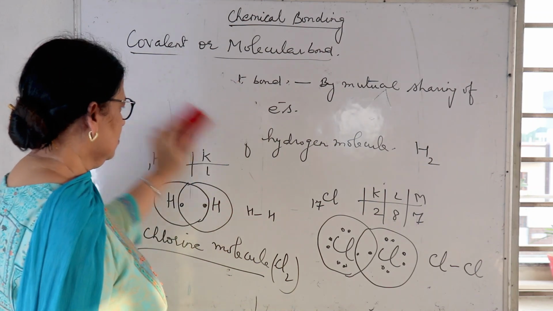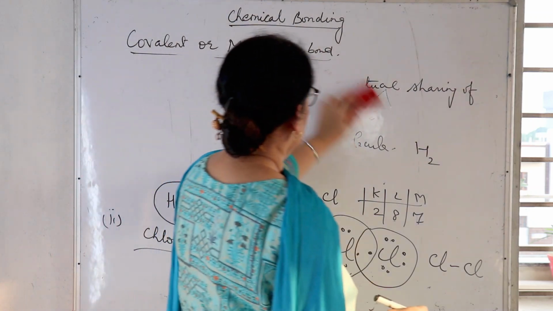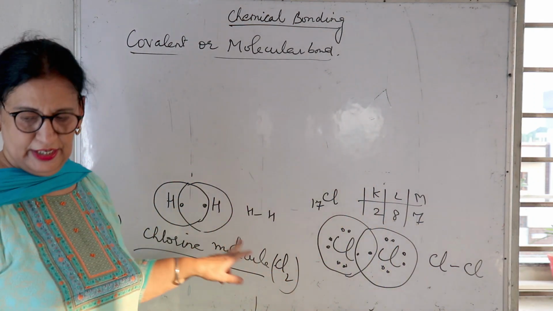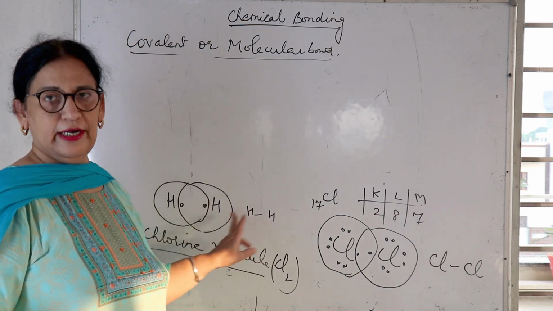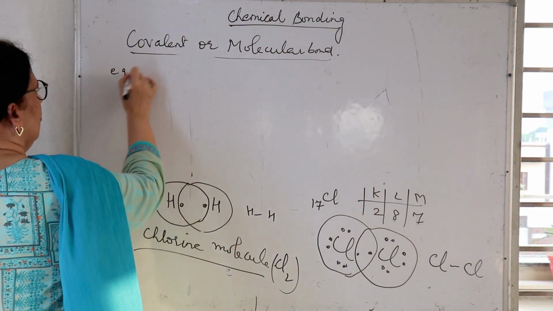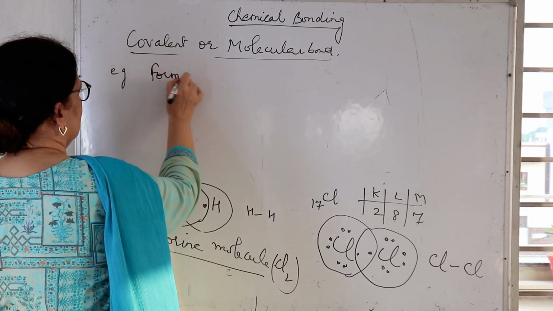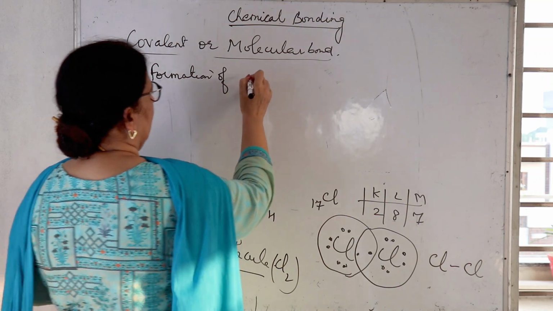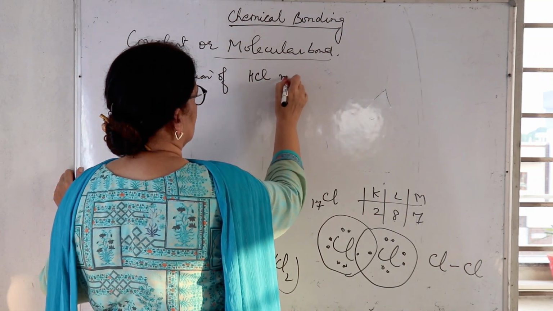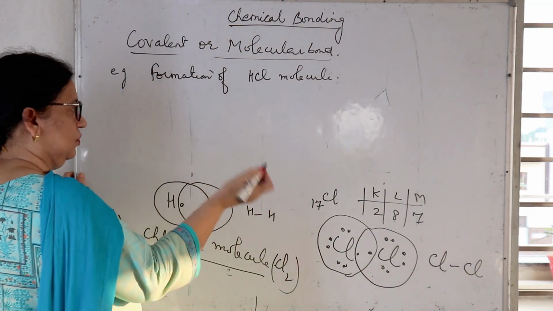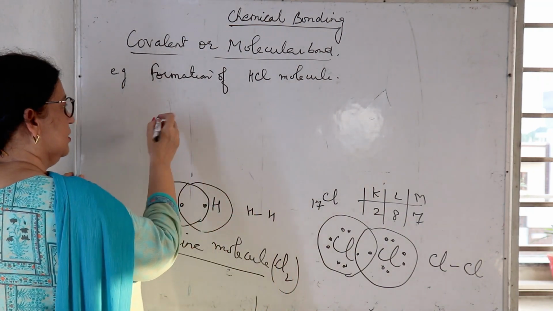Another example, it is not like that single covalent bond is there only between the two similar atoms. It can be between the dissimilar atoms. Third example, formation of HCl molecule. Configuration, you know, configuration of hydrogen and Cl.